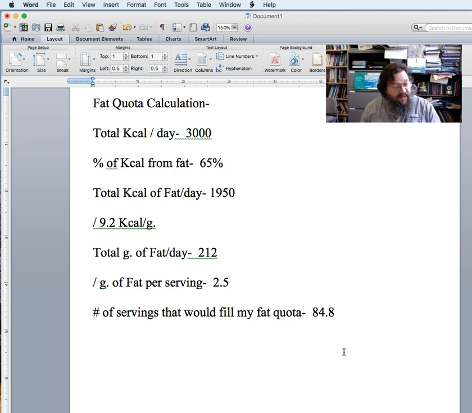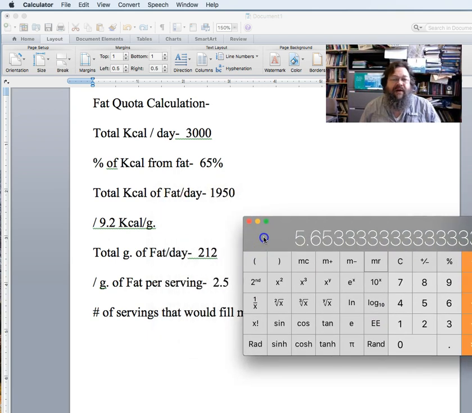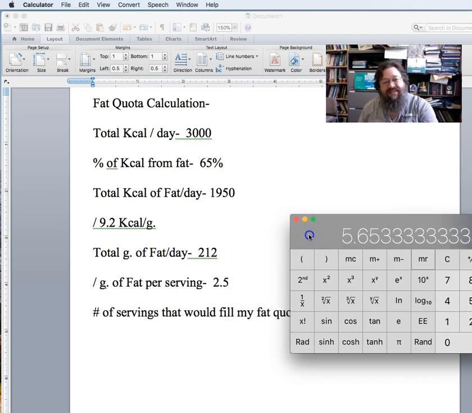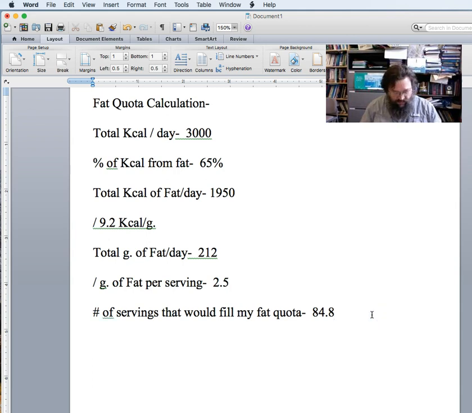Now, if I look at this label, it tells me that there are 15 servings per container. If I then divide this by 15, then it tells me that I need 5.65, and there's a pound in each of these containers.